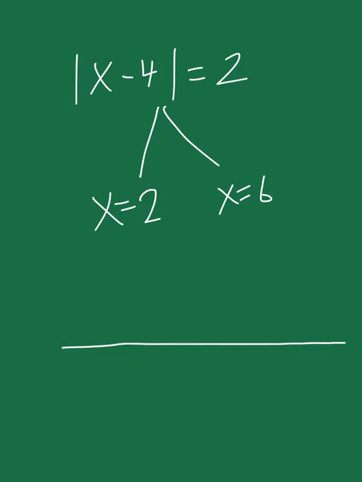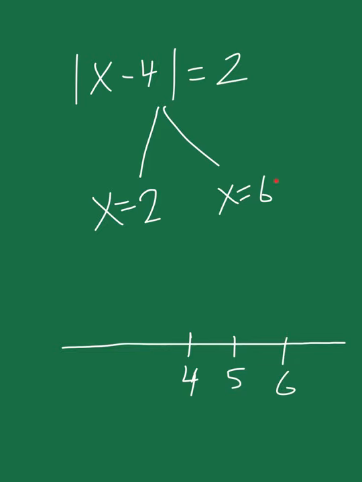This is the number that's in the middle. So this is our 4. And this number here, this is our B value. And this tells us how many spots to move in either direction. So I need to move 2 spots. So this would be 5, and this would be 6.